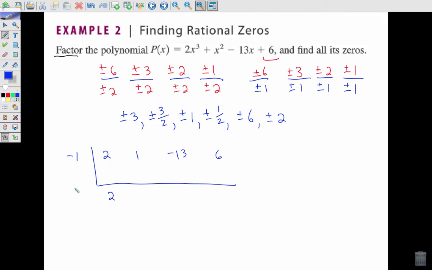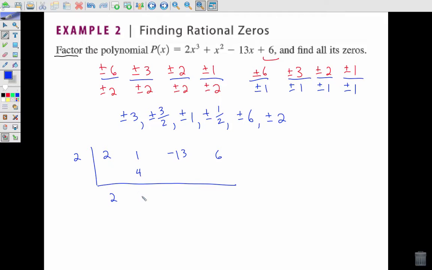Let's try negative 1. All right, so bring down the 2. 2 times negative 1 is negative 2. Add those. Negative 1 times 1. All right, and this one's not going to work either. So next I'm going to try 2.